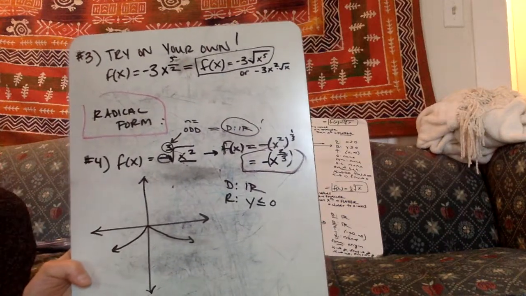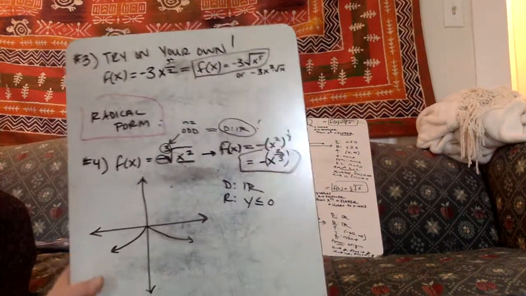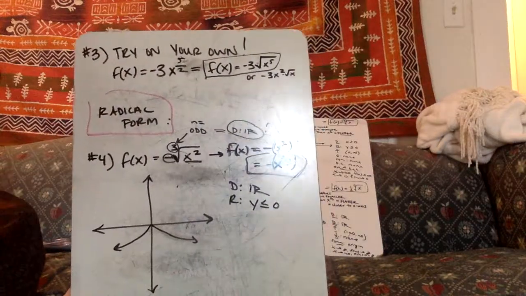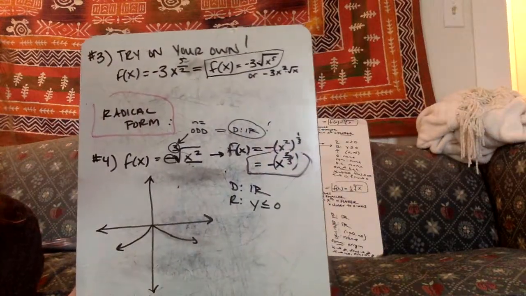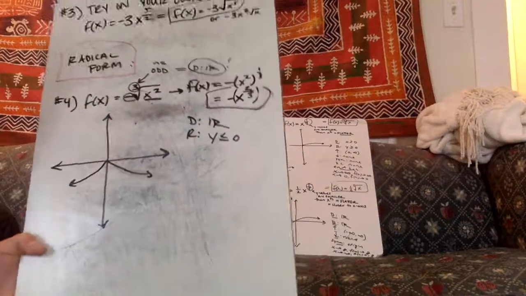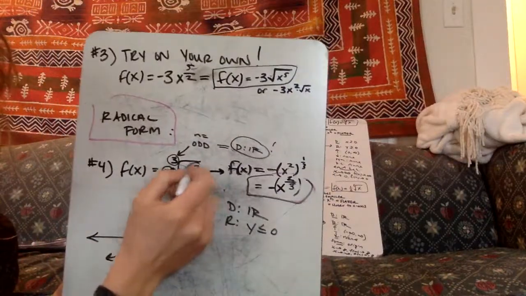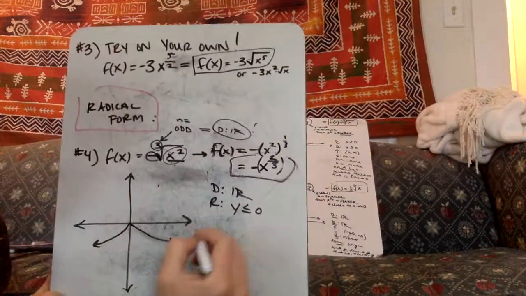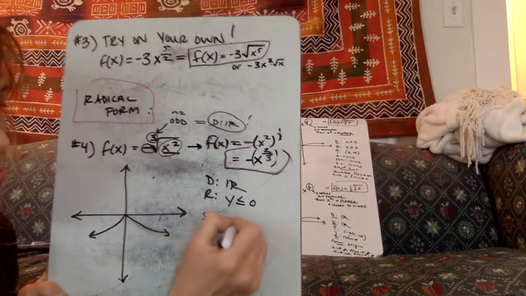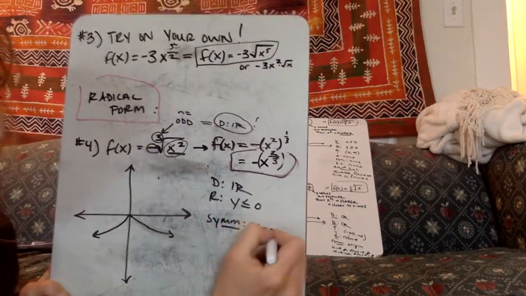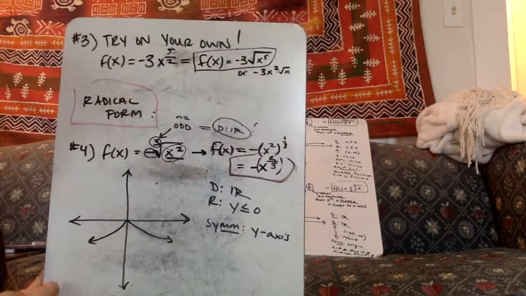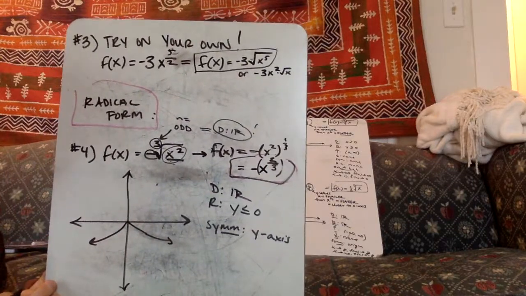Because I'm raising x to the 2/3, because I'm raising x to squared, really, in here, under the radical, my symmetry is about the y-axis.